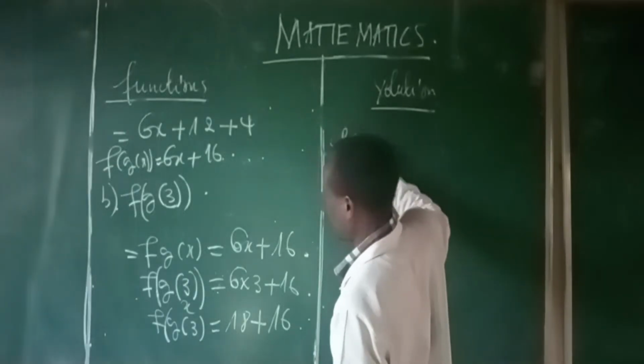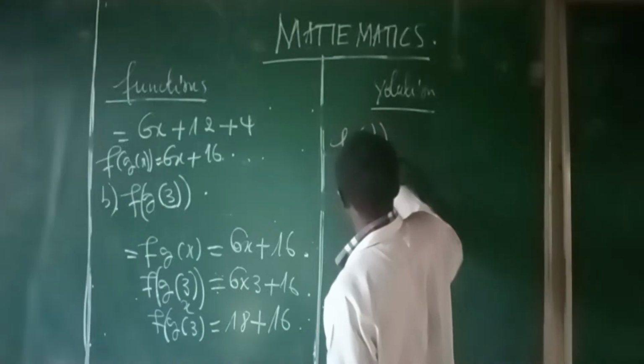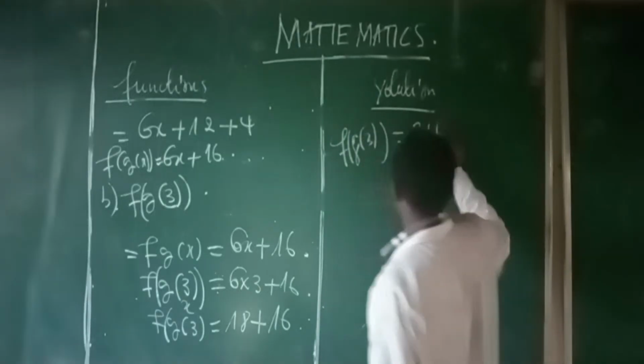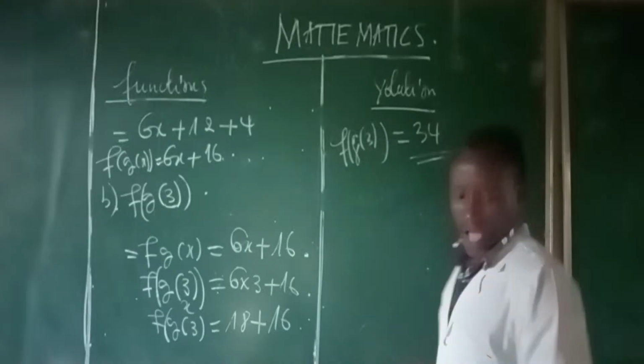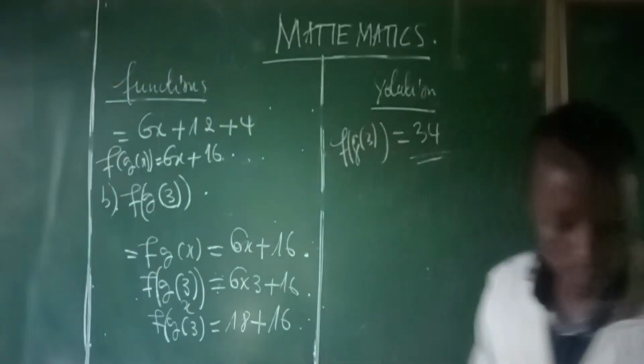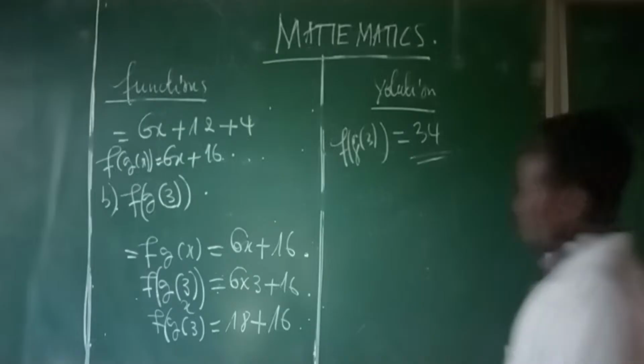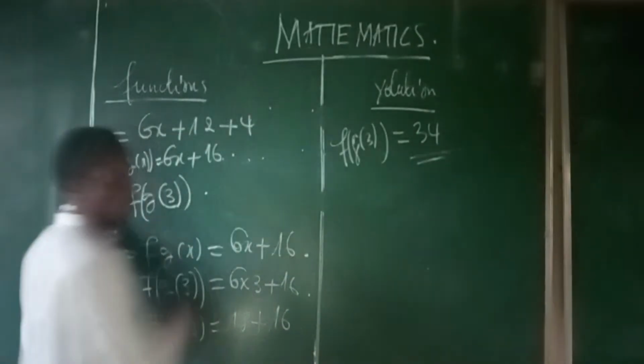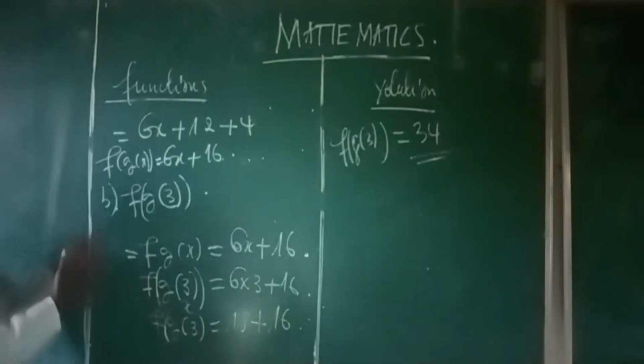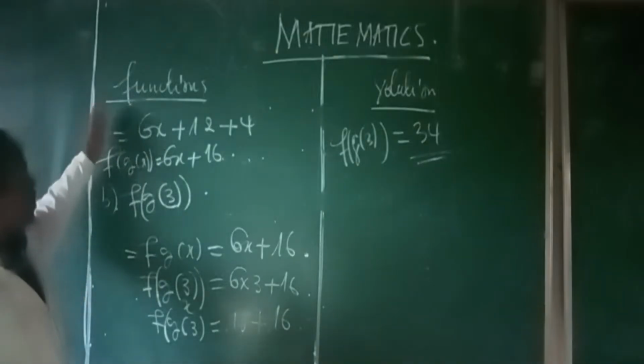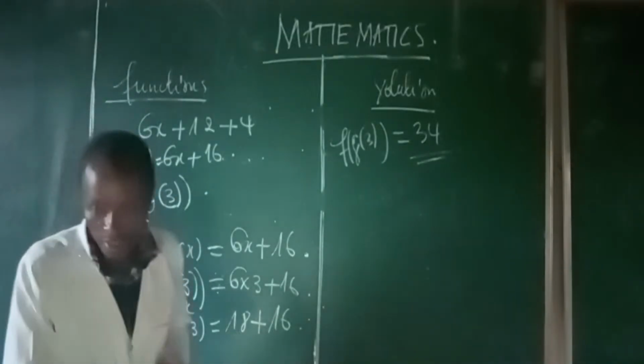F of g of 3 is 34. So this is how to find the combination of two functions when we have been given those functions, right?